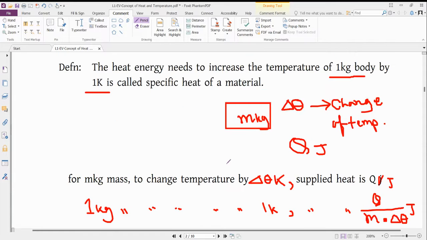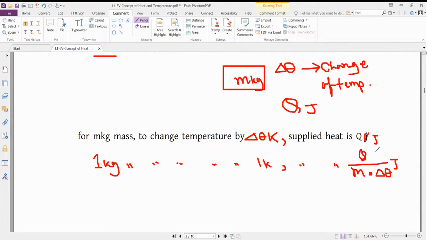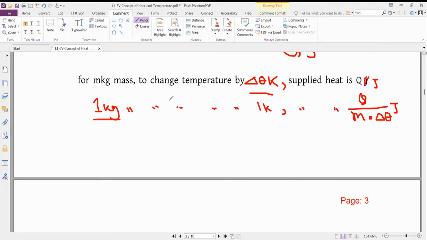So, according to the definition of specific heat, the amount of heat needed to change the temperature by del theta of a body of mass 1 kg is the specific heat.